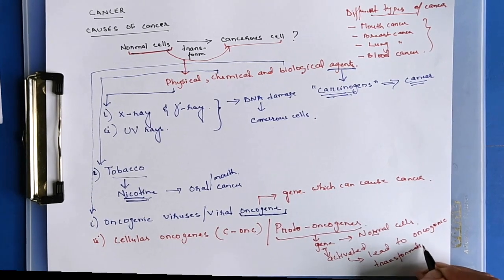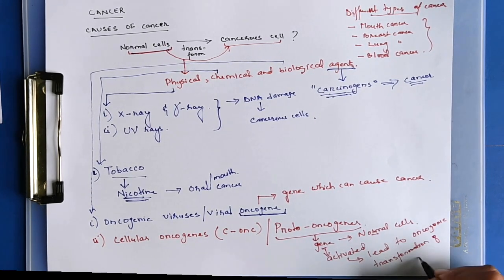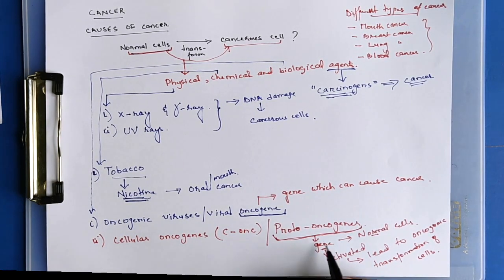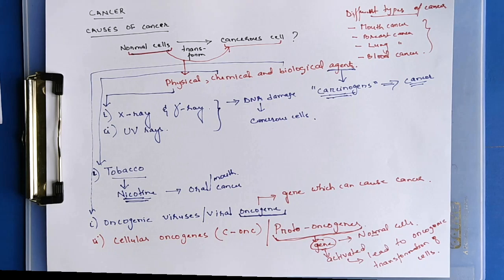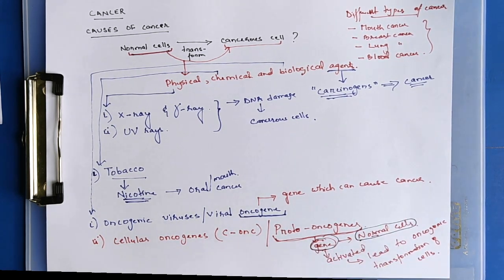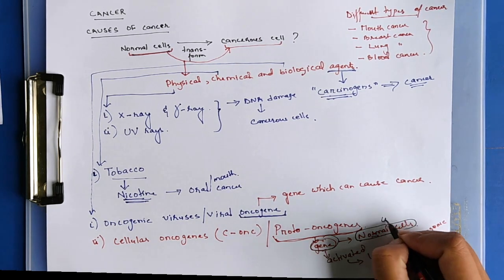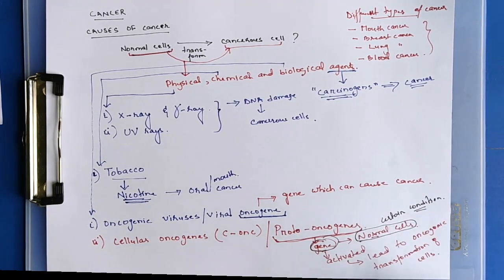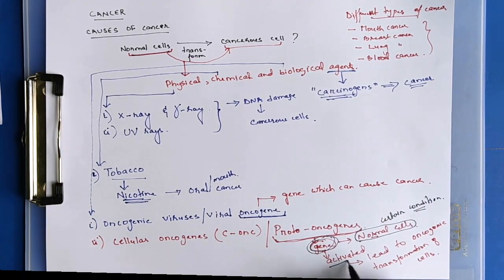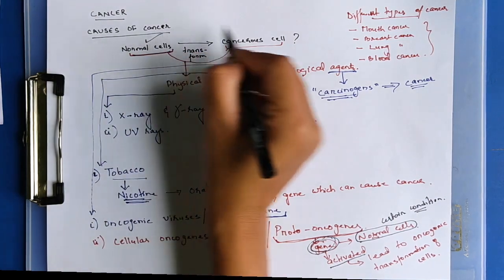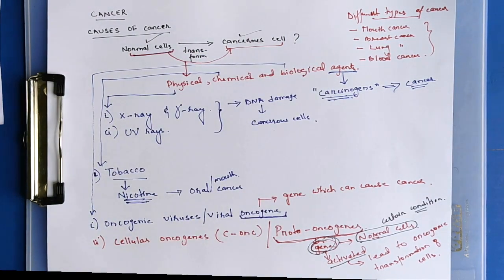The normal cells will be transformed into cancerous cells. Proto-oncogenes are a type of genes found in our normal cells, but during certain conditions, when mutations occur, these genes get activated, and this activation leads to the transformation of normal cells into cancerous cells.